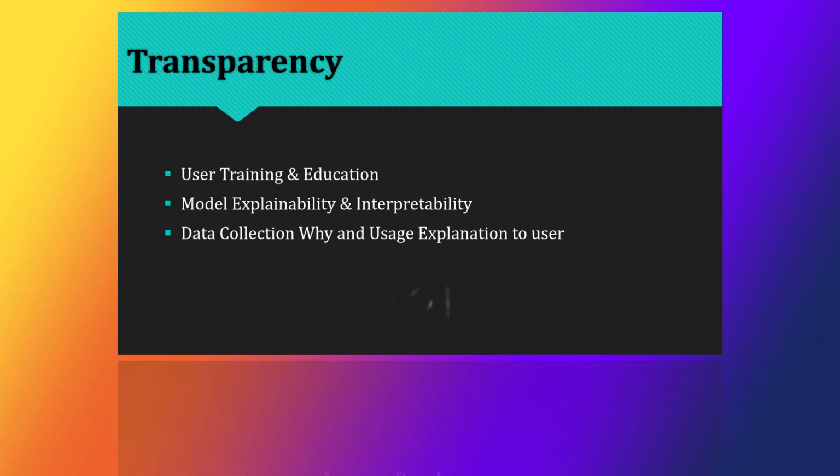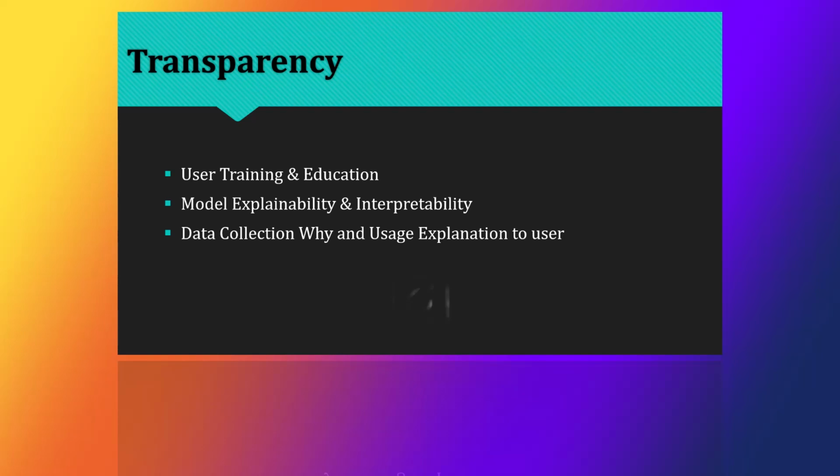It should be explainable. And transparency, user training and education is one way of being transparent to the users. So we have to be transparent by giving training and education on how the system is working to the users and developers, and the model explainability.